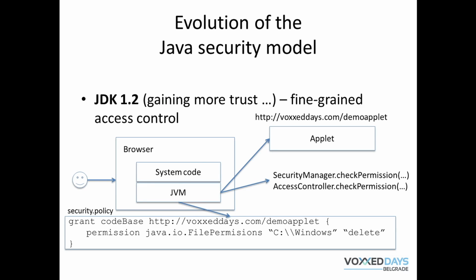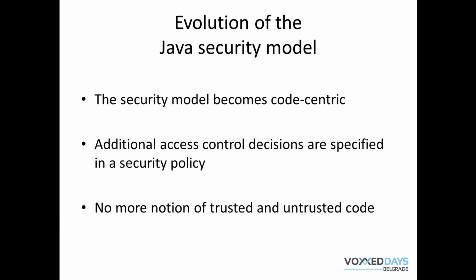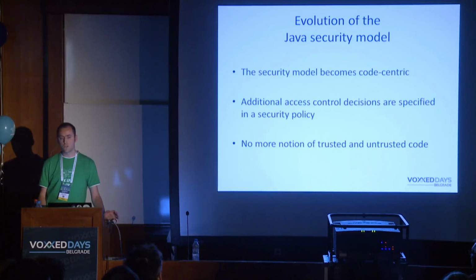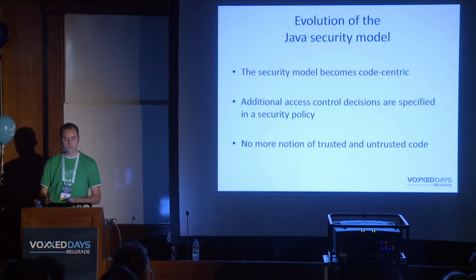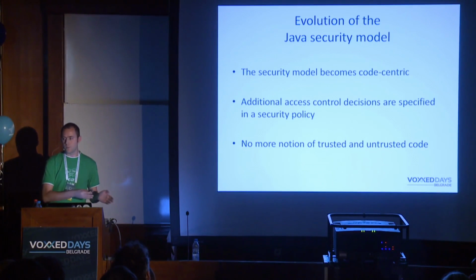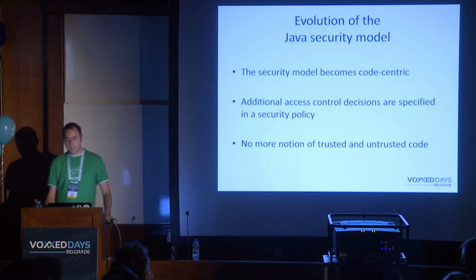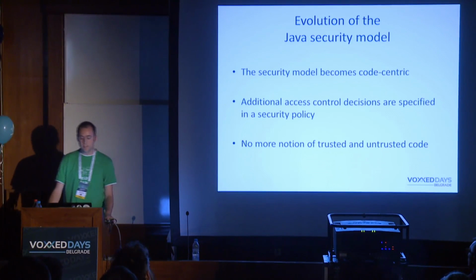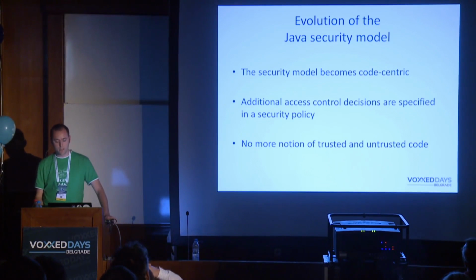And as you can see now, the security model becomes more code-centric. Now we don't have trusted and untrusted source code. We have a security policy file that specifies what code is allowed to do with the system. And basically, access control decisions are specified in a security policy file, as we mentioned.